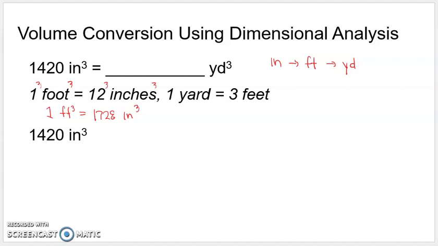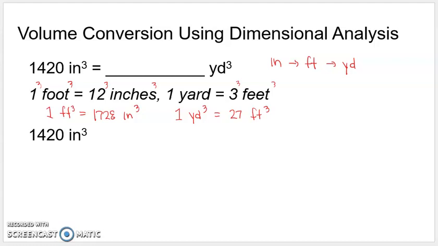Now, let's do the same thing for yards. Cube everything. 1 yard cubed, well, 1 cubed is just 1, is equal to, let's cube all of these, 3 cubed is 27 feet cubed. So I can actually cube my linear conversions.